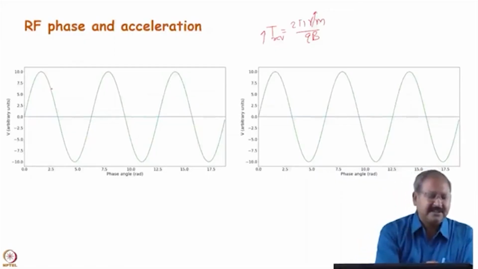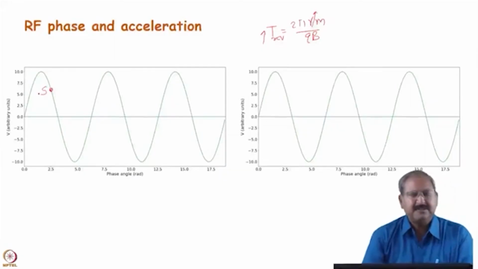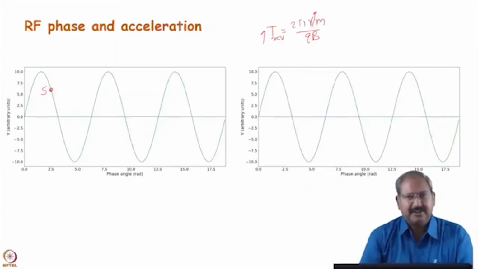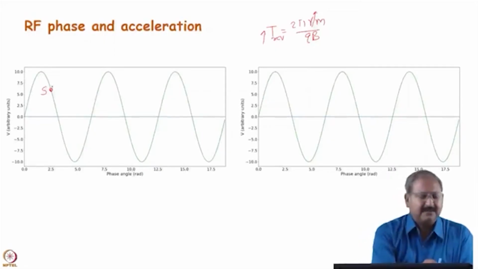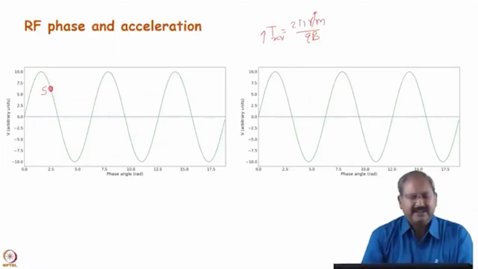Now consider that the synchronous phase is this. We say that this is the synchronous particle. The synchronous particle's revolution time is an integer multiple of the RF time period. So after each revolution, it will always reach the same phase. As an example, consider that integer to be 1.